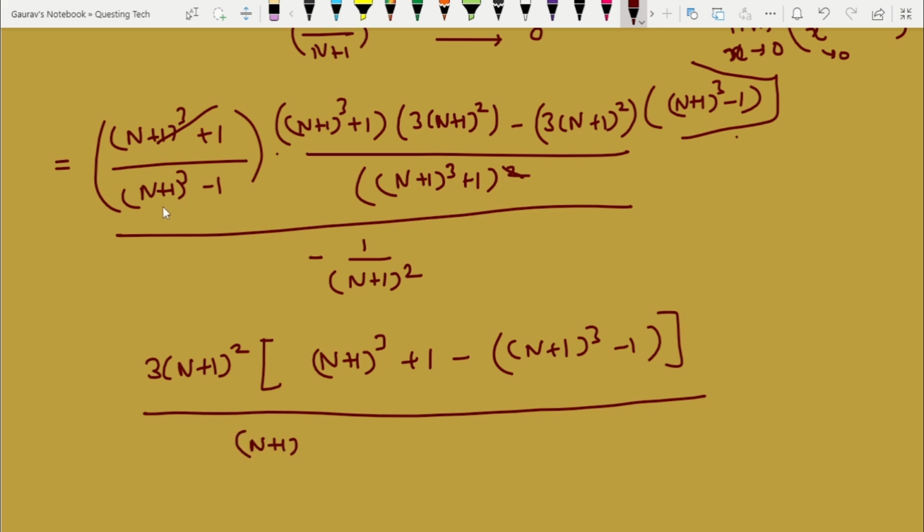This is like a cube minus b cube, this is a cube plus b cube, minus 1, and this is (n plus 1) cube plus 1.